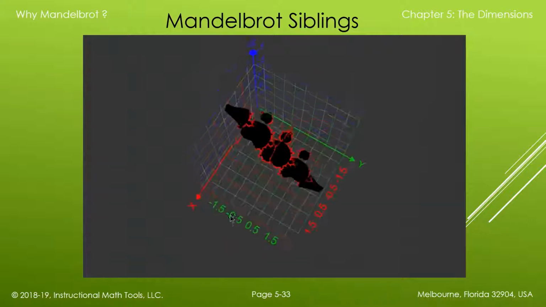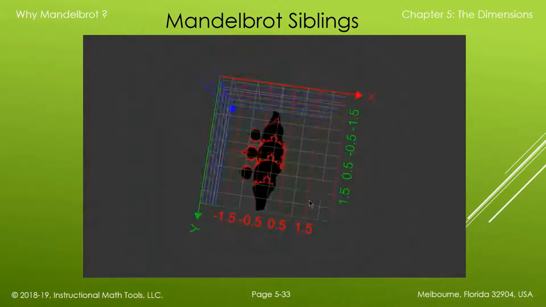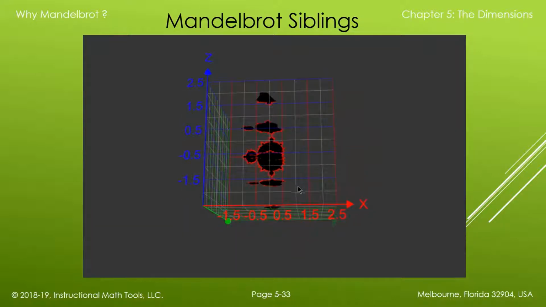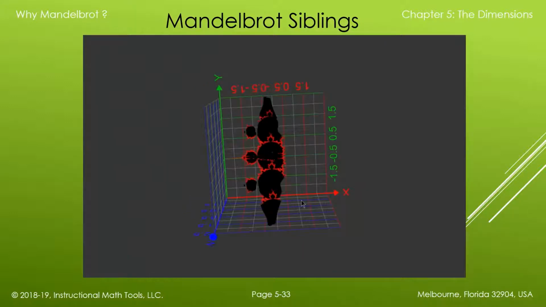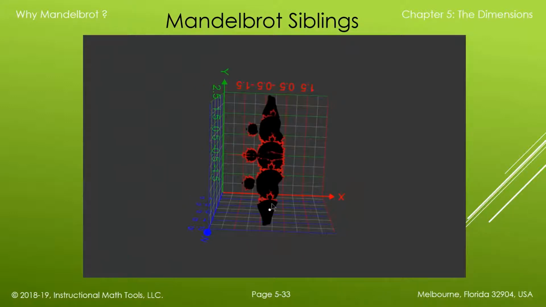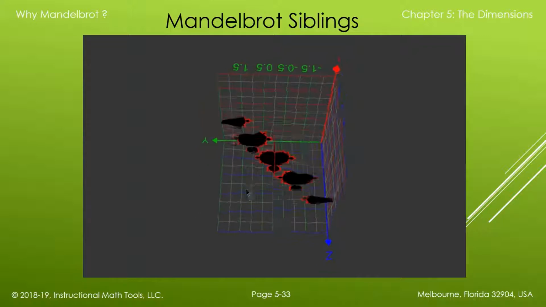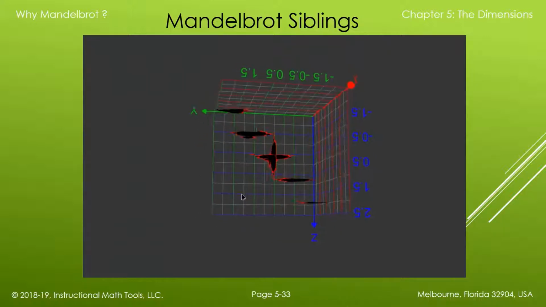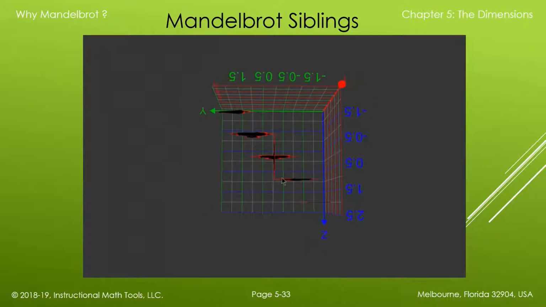So we'll put this back into the position it was when we first found it so we can get oriented here. So what we have then is all of these siblings, plus we have this horizontal one right there, which, as you can see, kind of joins the 2 deformed babies together with the original Mandelbrot.